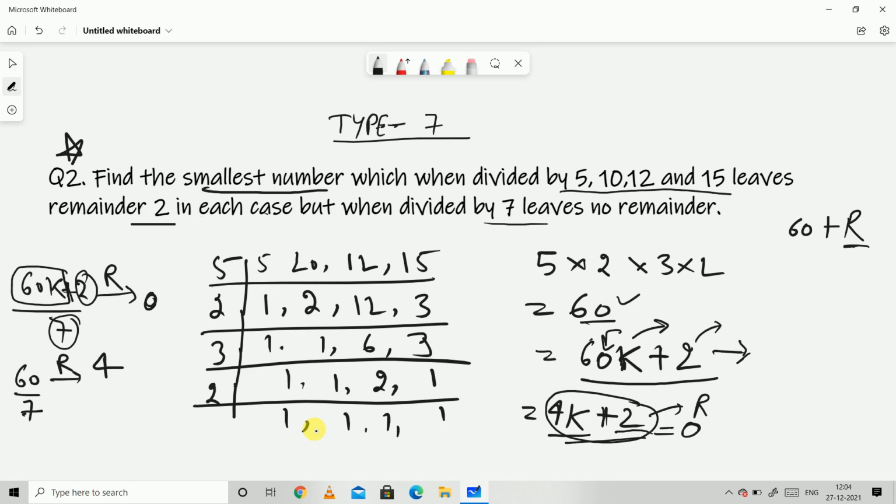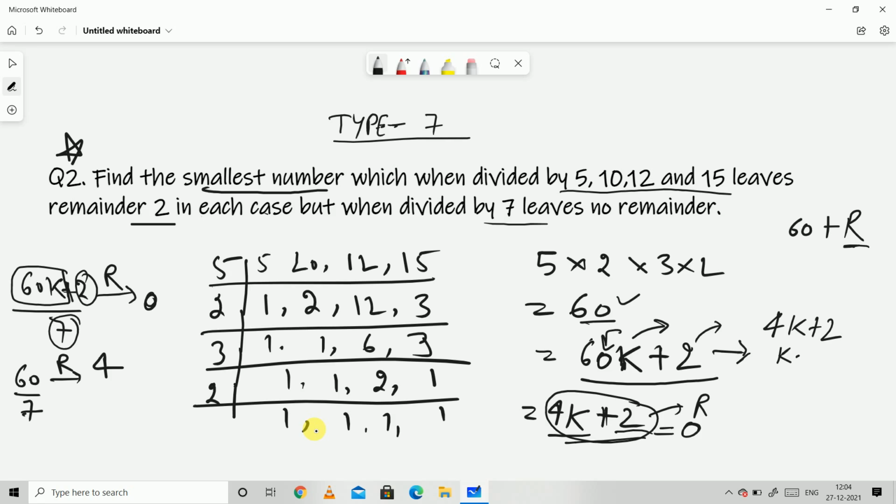So I need to find a value of k such that I get a number which is completely divisible by 7. We will find that by hit and trial.